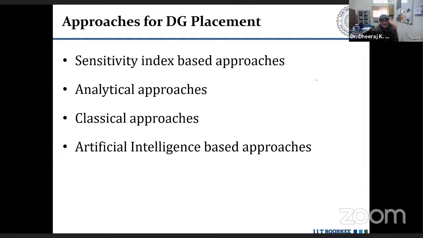In the analytical approach, we directly get the capacity of DG. In the classical and AI based approaches, we have to develop an optimization problem, and then solve it either by a classical optimization technique or AI based techniques. So we will discuss each of these very briefly.